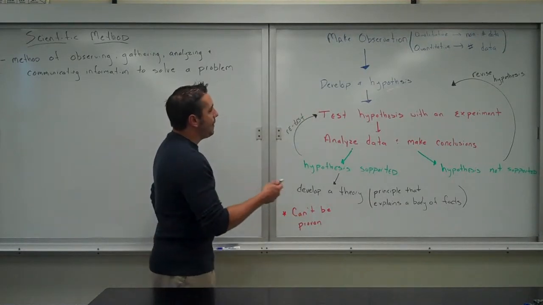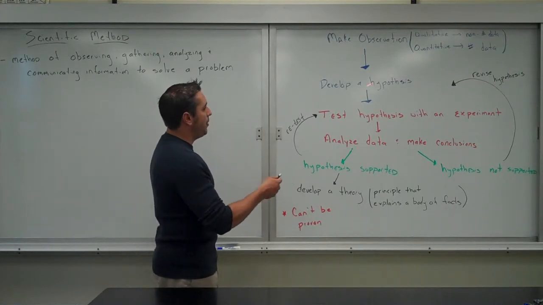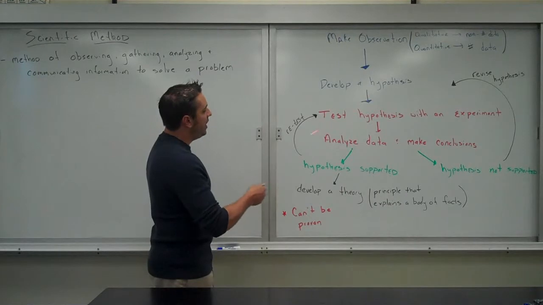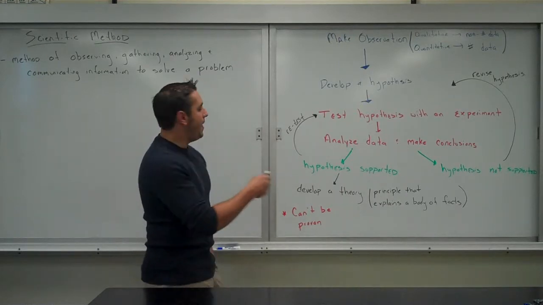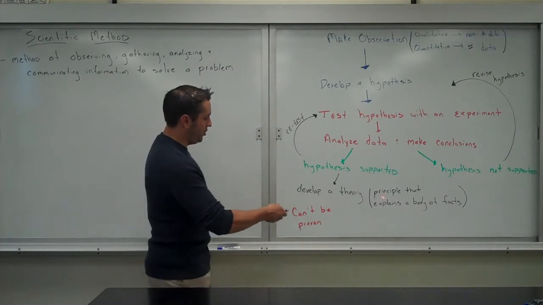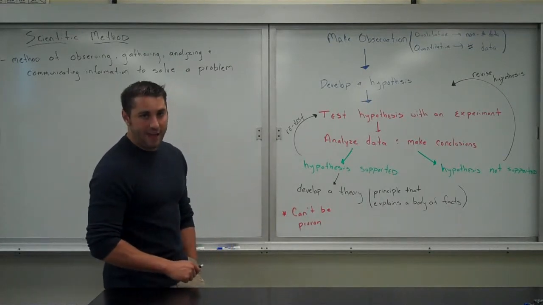Then what happens is you keep revising and testing. If you revise your hypothesis enough, hopefully it'll begin to be supported and you retest. And then eventually you'll push on into your theory that explains a body of facts.